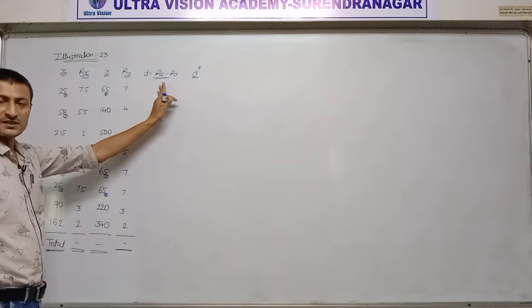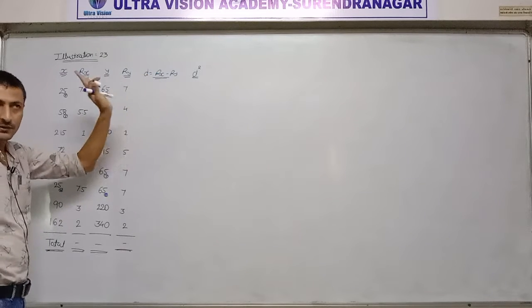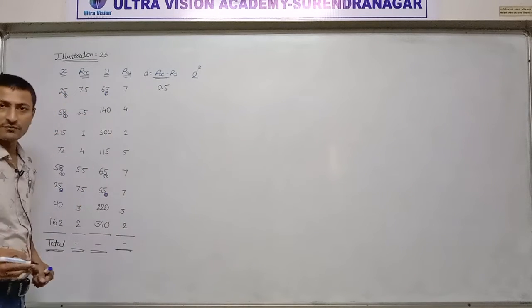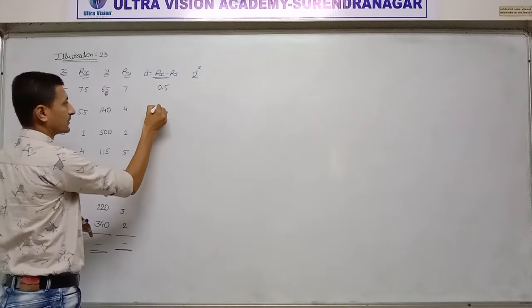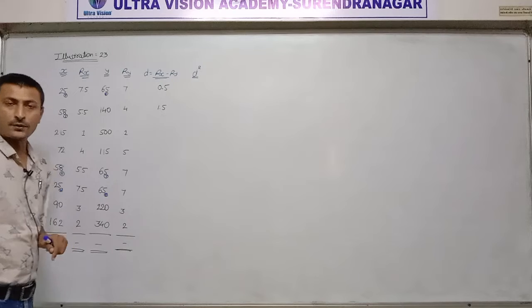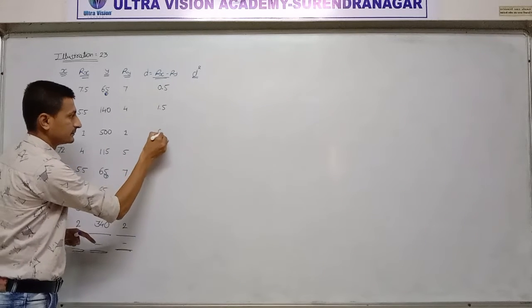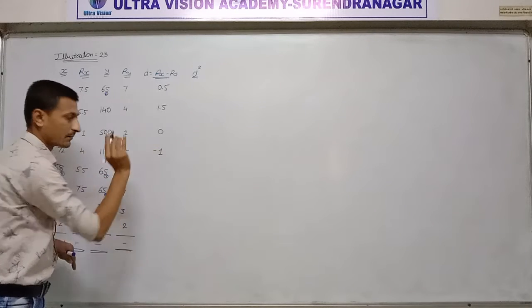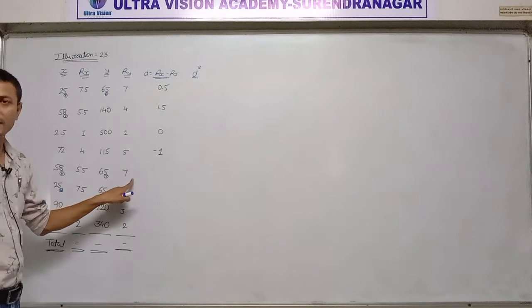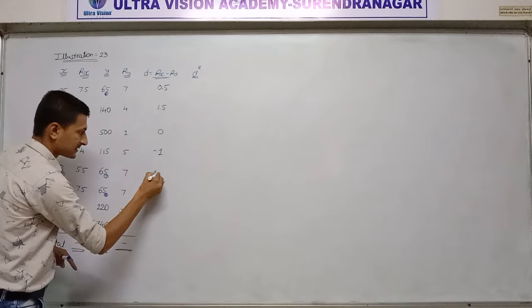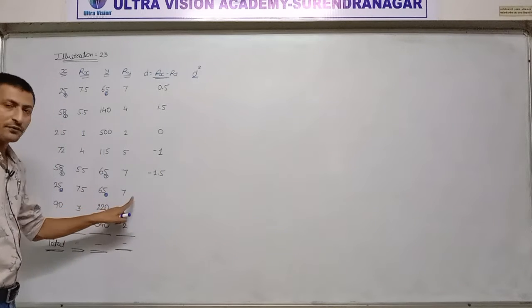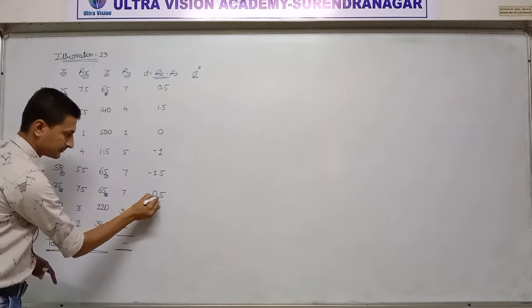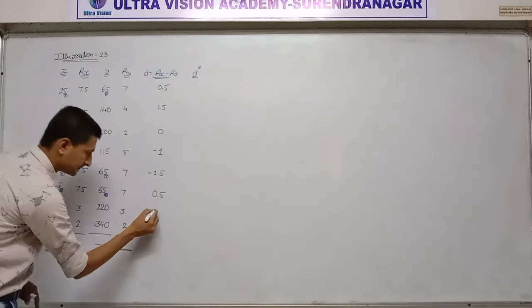Done. Next column, difference, same procedure: find Rx minus Ry. 7.5 minus 7, 0.5. 5.5 minus 4, 1.5. 1 minus 1, 0. 4 minus 5, minus 1. 5.5 minus 7, minus 1.5. 7.5 minus 7, 0.5. 3 minus 3, 0.